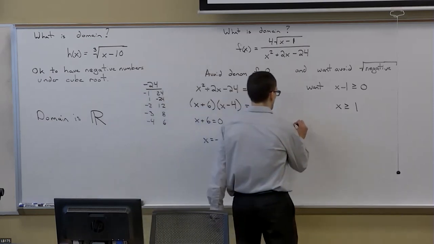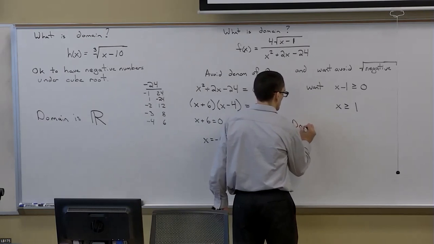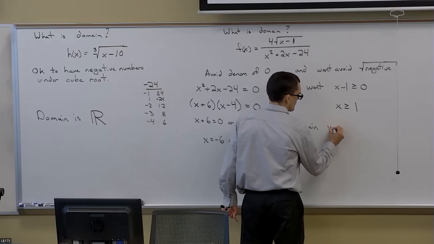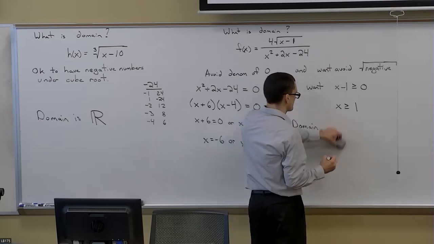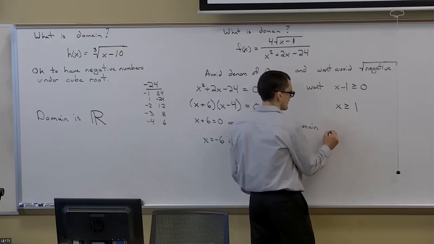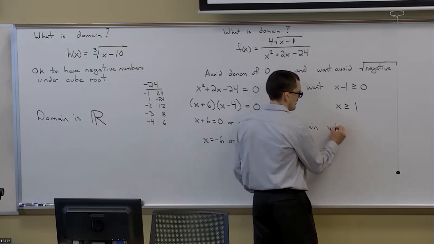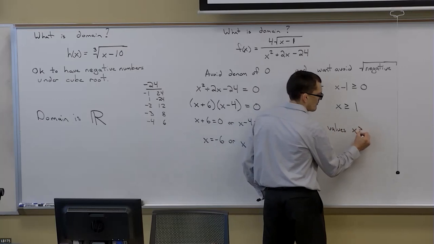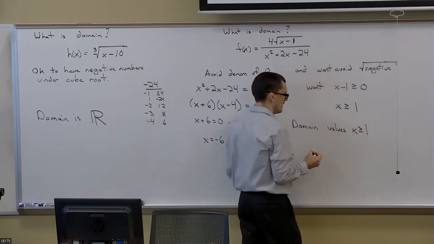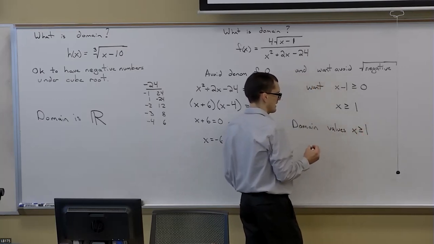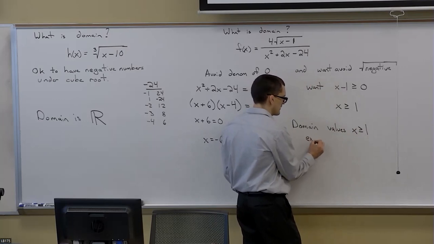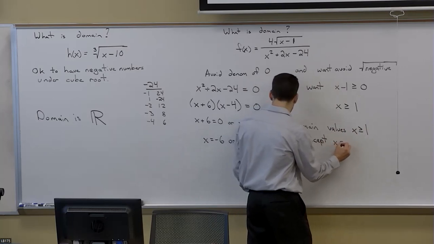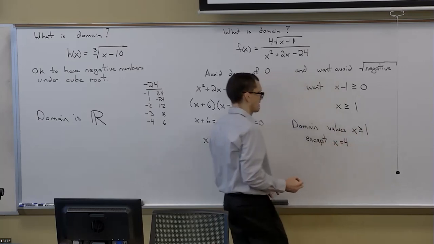So my domain is the real numbers which are above 1, except when x is equal to 4.